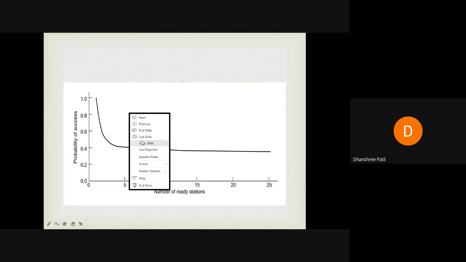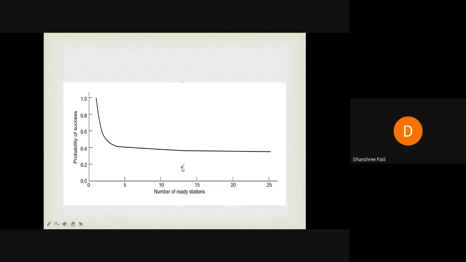This is the probability of success of getting the channel for transmission of the frame. You can see it is high when the number of stations is low. As the stations go on increasing, the probability of getting access to a channel goes on decreasing.